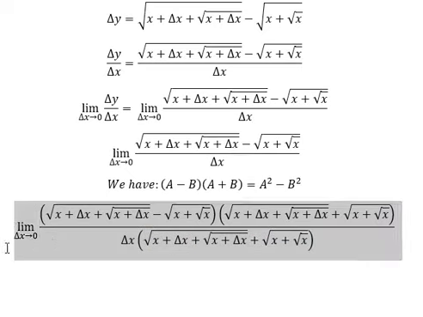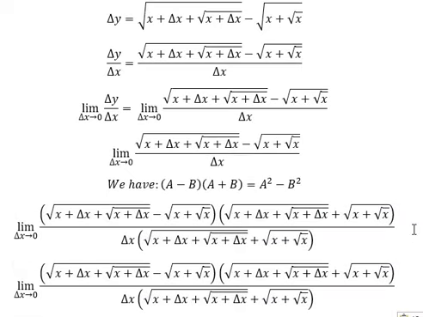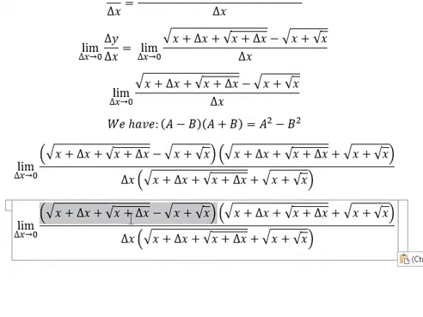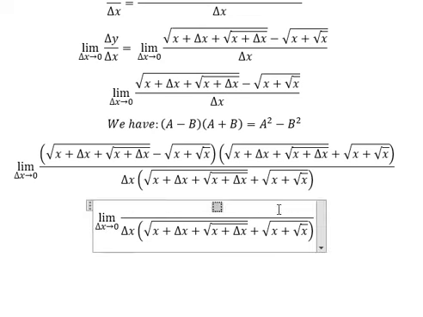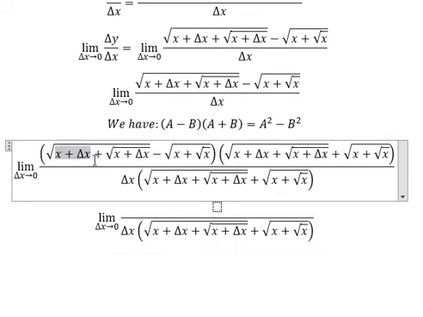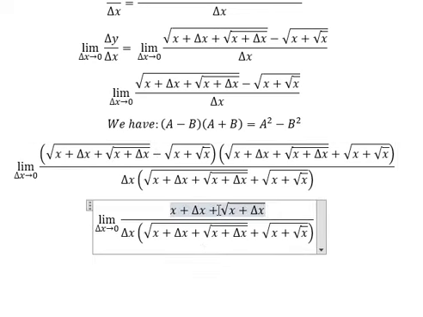So this one is A minus B multiplied by A plus B. So we will have this one minus this one.